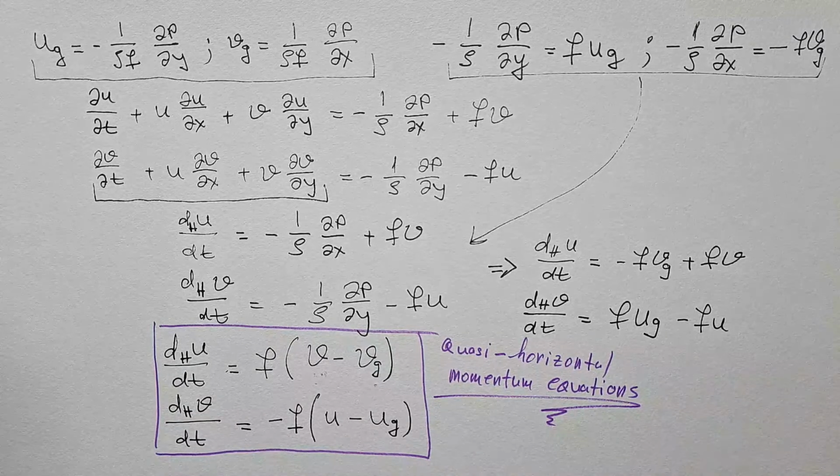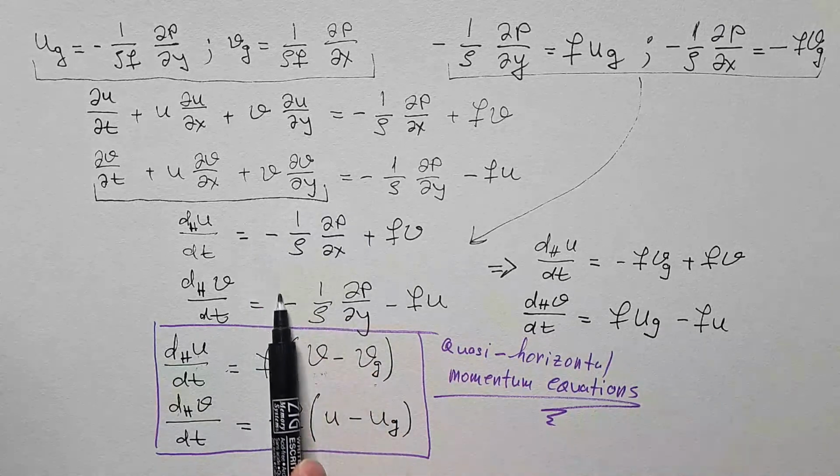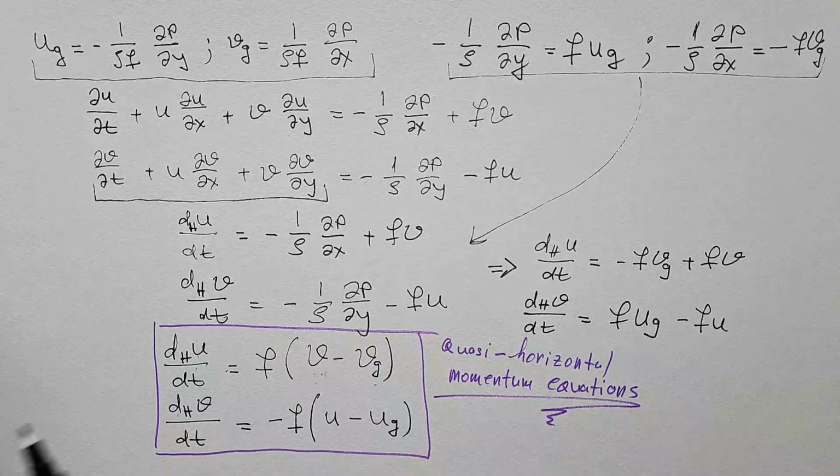That also means if something is very small, you better measure it very precisely to have an accurate estimate of that quantity. In other words, acceleration is given by a small difference between large terms, one being pressure gradient force and the other being Coriolis force.